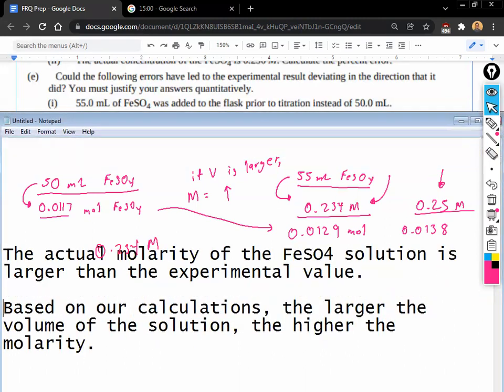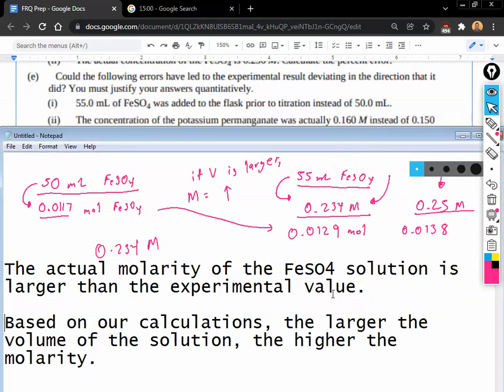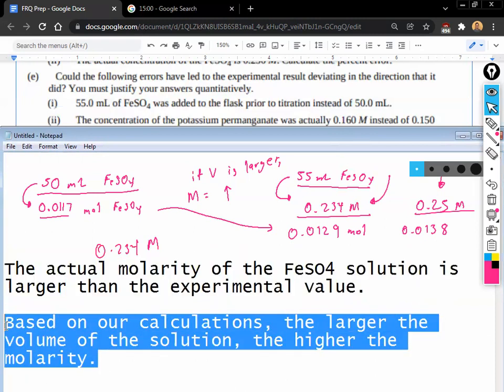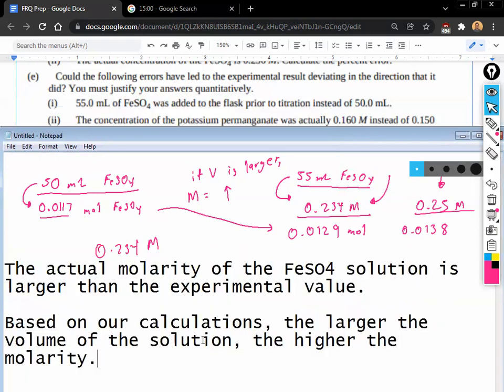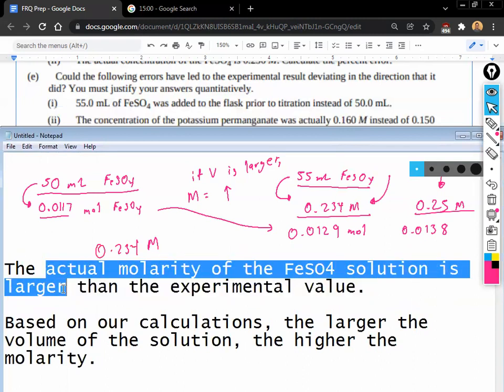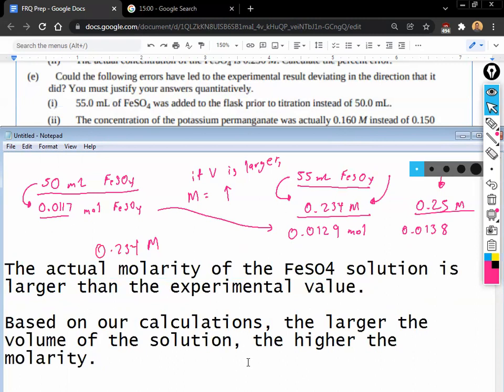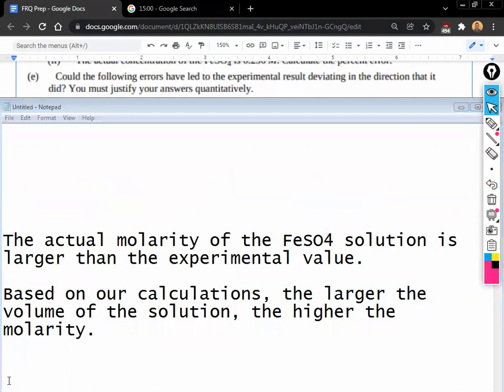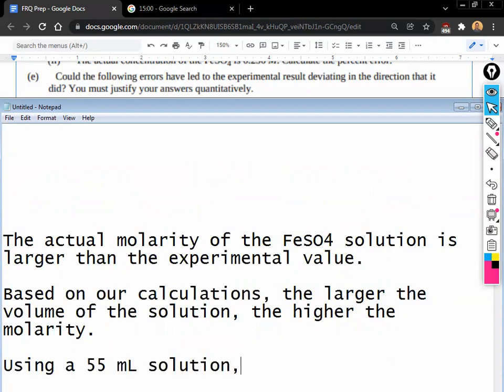So now you just want to wrap it up because you talked about what you got in your experimental and your actual, and then you see what theoretically it should be. Okay, and so the actual molarity of the Fe2 solution is larger than the experimental value, larger the volume. And then we can talk about the volume. So you can say that using a 55 milliliter solution will increase the molarity.